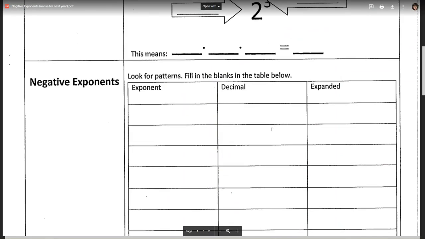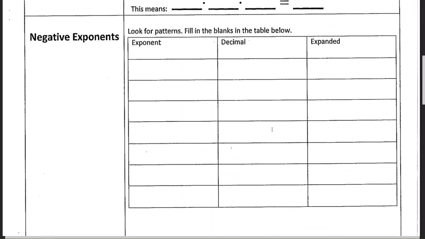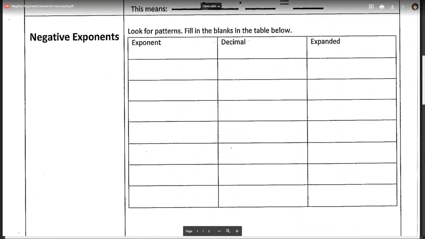Cool. So now let's check out some of the patterns for negative exponents. Okay, so negative exponents are a little bit different because they're the inverse, and they don't actually make the number negative.